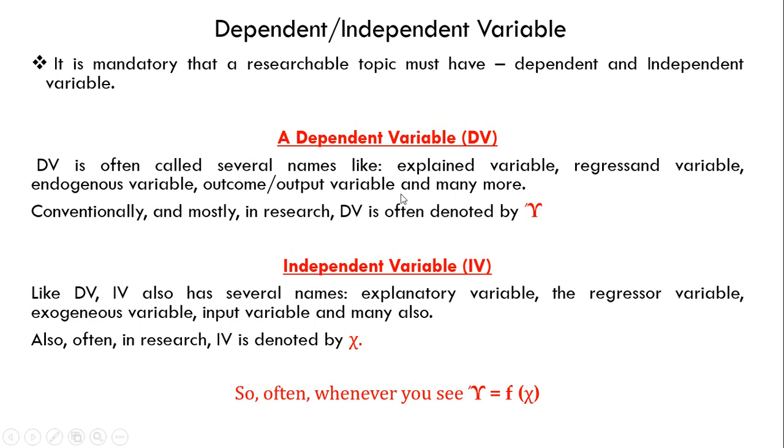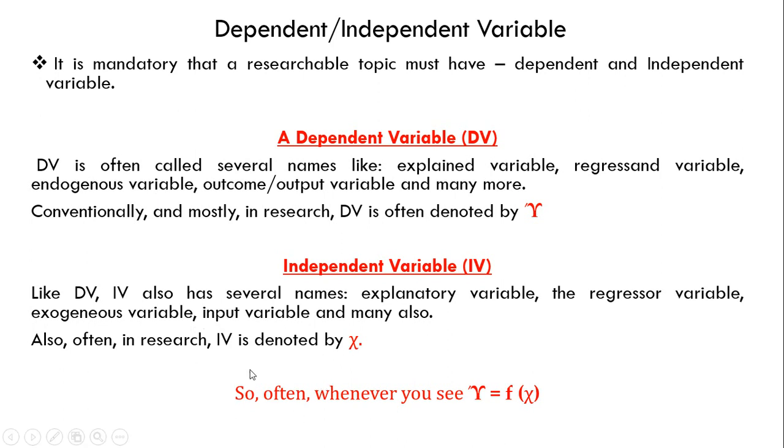Oftentimes, if you check most economics or econometrics textbooks, research textbooks, the dependent variable is conventionally denoted by the symbol Y. Likewise, the independent variable is also known as the input variable, the variable that is expected to influence the outcome, which is the dependent variable.